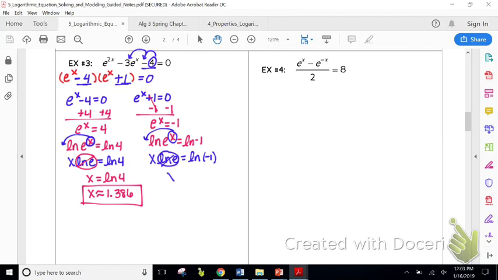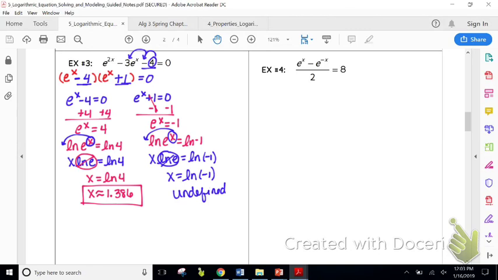Natural log of e cancels, so x equals the natural log of negative 1, which is what? Undefined. Why? Yeah, you can't take the log of a negative number, right? So we only have one answer, the 1.386.